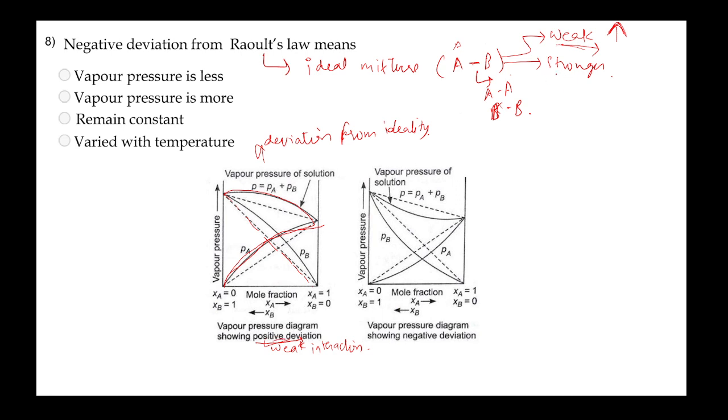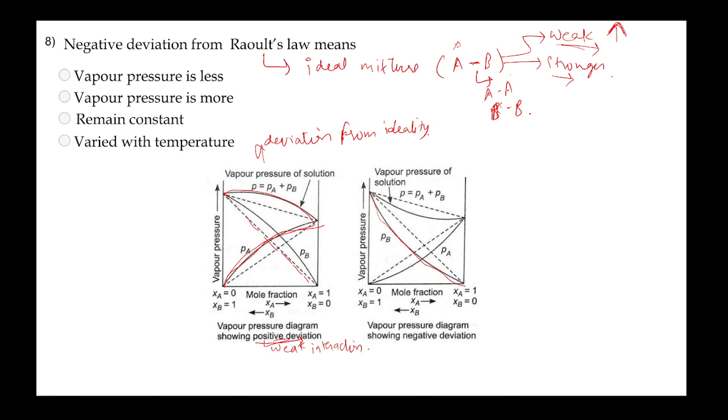Now if the system has stronger interaction, then what will happen? Since the interaction is stronger, you will have to apply more energy, more heat, to boil that mixture. In that case, the pressure at any temperature will be lesser as compared to what was exerted in the case of the pure system.